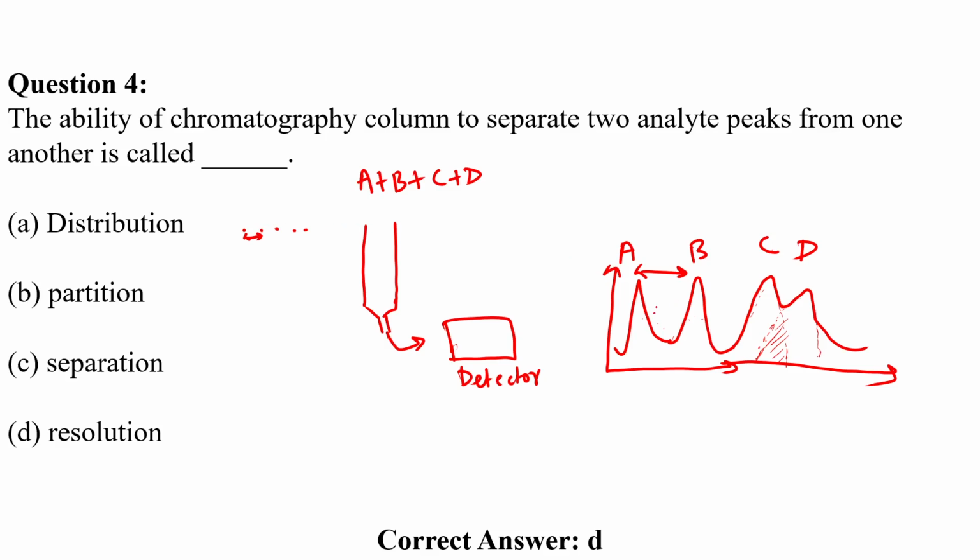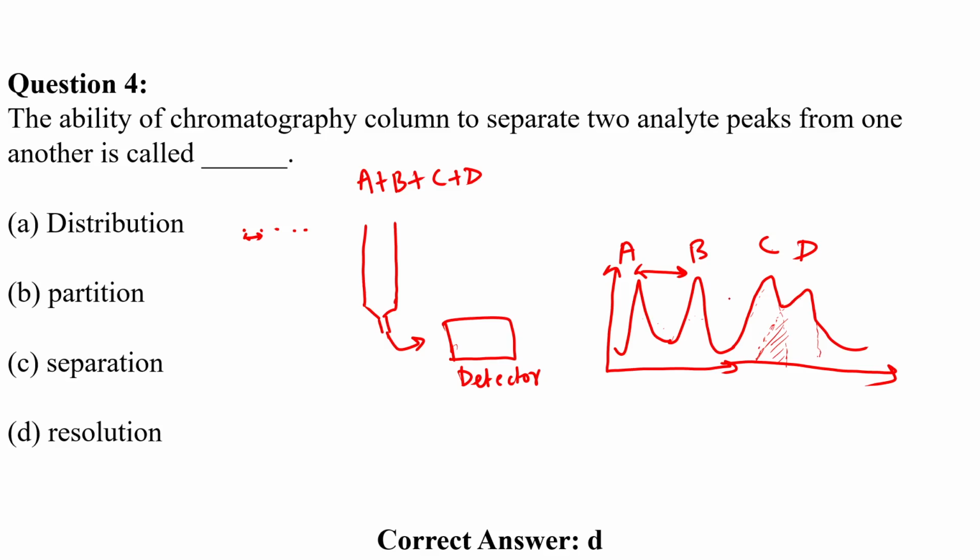So here also the same thing is happening. The better distance these two peaks have, that means they are well resolved. More overlapping between these two peaks will show a bad resolution. Okay. So the same thing applies here. It is also a picture at the end. A chromatogram is at the end a picture of what you are separating.